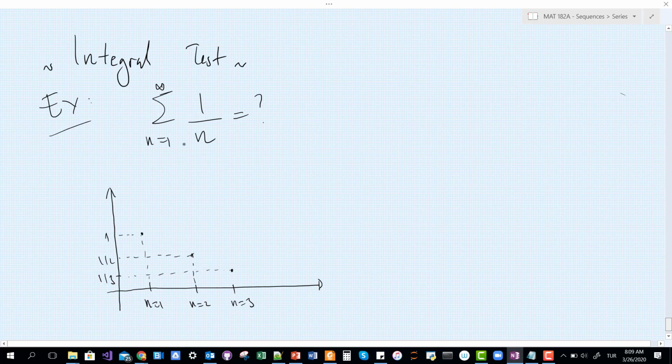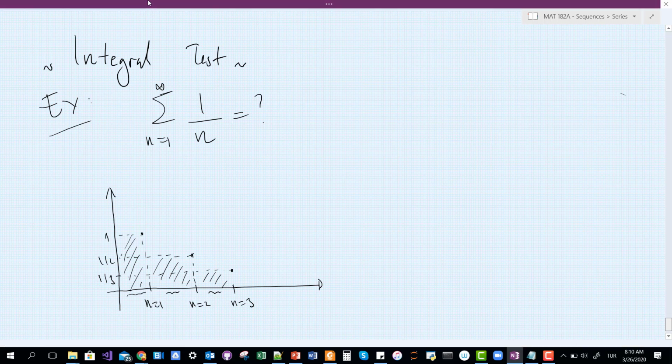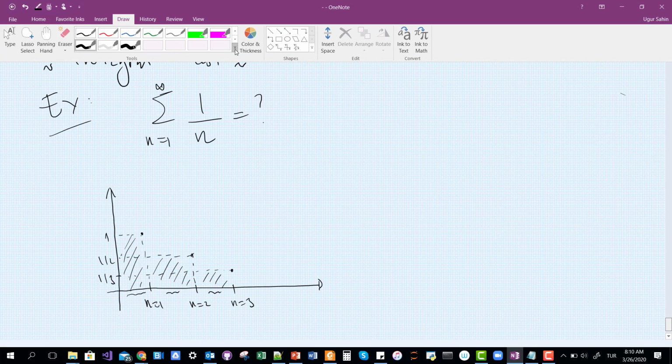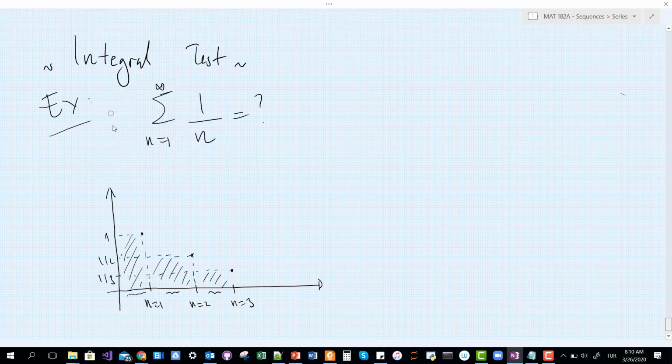And the general term will actually be equal to these rectangle areas. Since the area of this rectangle is going to be 1 times 1, 1 over 2 times 1, 1 over 3 times 1. If I have the rectangles to represent the general term, I may benefit from a function's area under a curve.